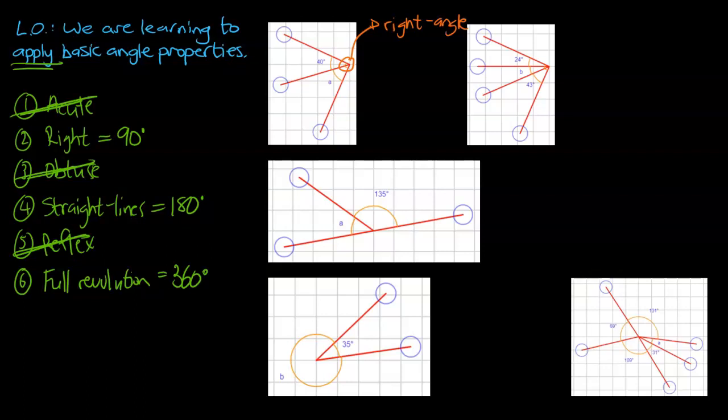So we can form a bit of an equation. A, which is the angle here, plus 40 degrees is meant to equal 90 degrees. If I go A is equal to 90 degrees minus 40 degrees, that will tell me how much angle A is meant to be. The leftover portion would have been 50 degrees.